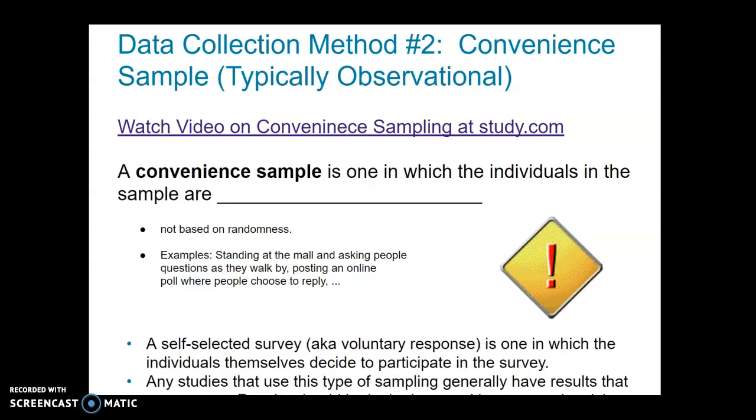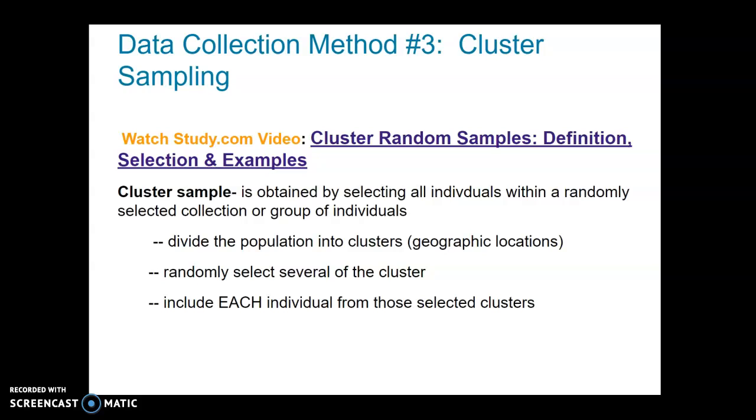We talked about yesterday, anytime you have that volunteer response, people volunteer to participate in the study, that's going to cause you some bias, some error in your study. And we talked about that's not so great.